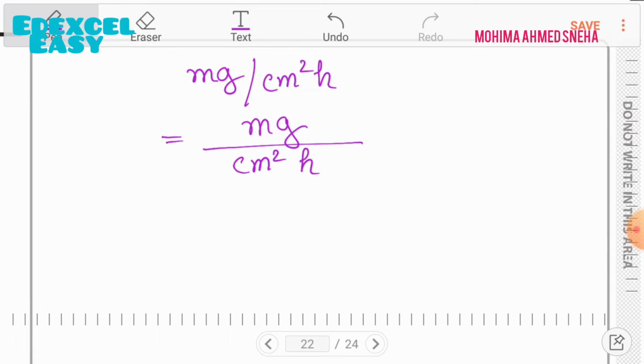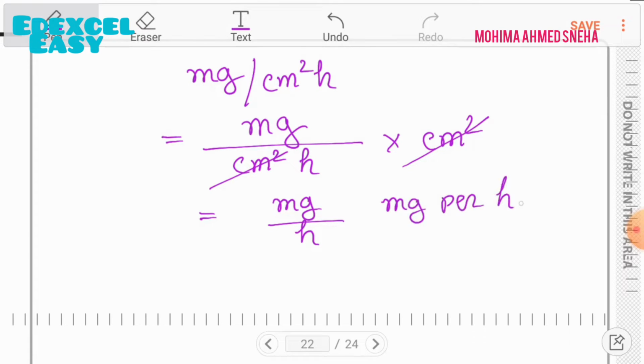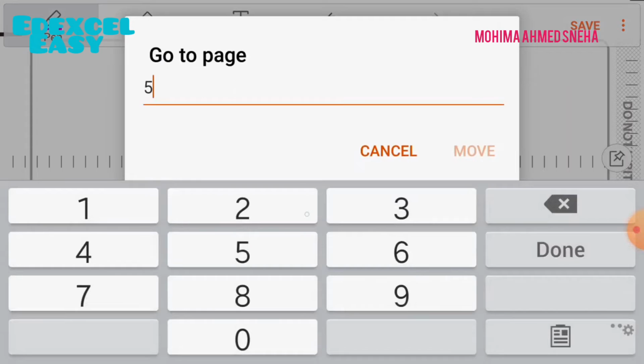And if I multiply the total area of the leaf, that was again in cm square, we can see that this cm square and this cm square cancel each other out, and the leftover answer would have the unit mg divided by h, which eventually stands for mg per hour. And that's why I am multiplying the total area of the leaf with the 21.5 into 10 to the power -4 value. So let's move to the page where we were.